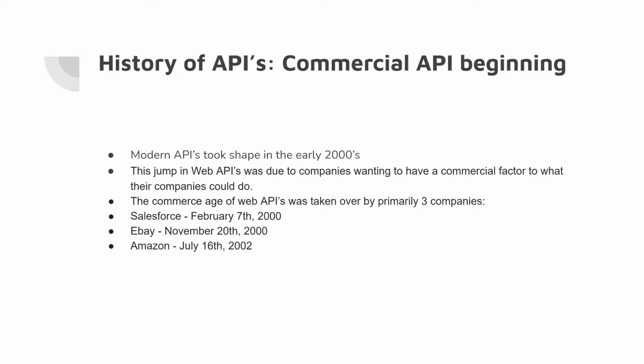The commerce side of web APIs was dominated by three companies, as listed here: Salesforce, eBay, and Amazon. Salesforce started February 7th, 2000, eBay November 20th, 2000, and Amazon July 16th, 2002.